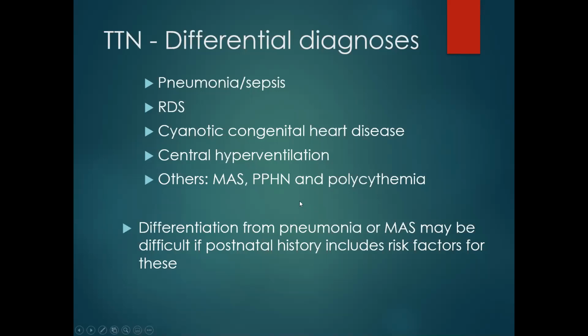Nowadays, NRP is just one pathway for managing babies with meconium-stained amniotic fluid. So we're seeing less and less of that, okay? Interstitial pneumonia may have a similar picture to TTN on a chest X-ray.